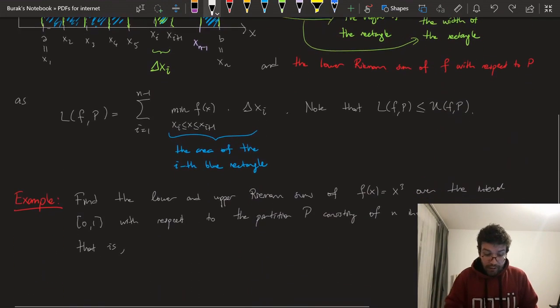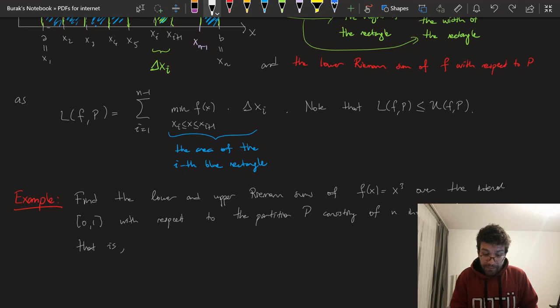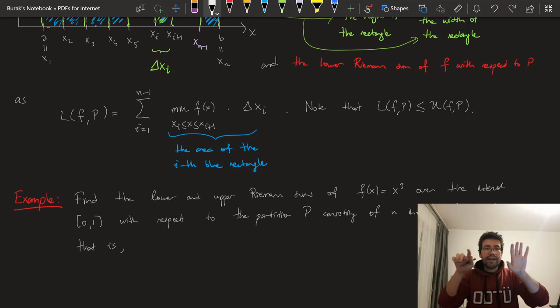So in this question, I need to consider the partition consisting of n intervals of equal length. So I should just take this interval 0, 1 and plug in my points in such a way that it's split into n intervals of equal length.